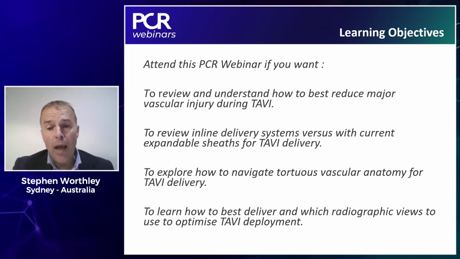We're going to explore how to navigate tortuous vascular anatomy for transcatheter aortic valve implantation delivery, and we'll have some cases to help elucidate that. And finally, we're going to learn about what is current best practice and which radiographic views should be utilised to help do that best practice in optimising transcatheter aortic valve implantation deployment.